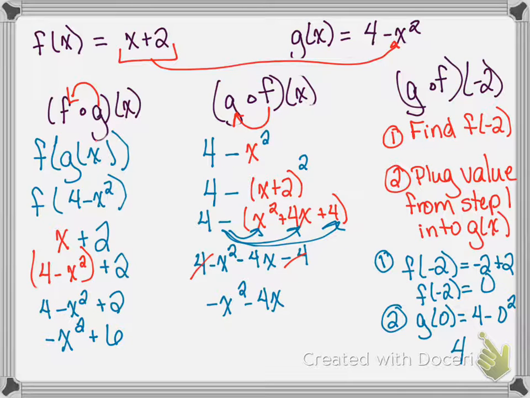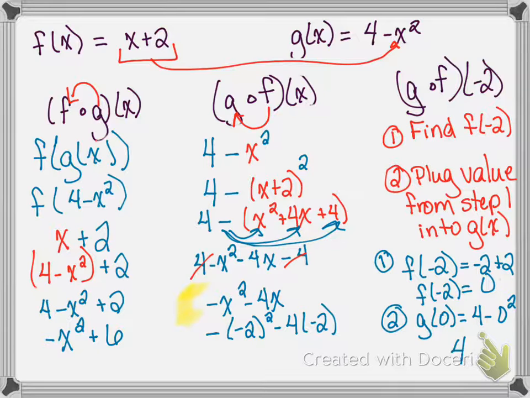Is this right here g composed of f of x? Yeah, so I could stick that negative 2 in there if I wanted to. So I'm going to have negative 2 squared minus 4 times negative 2. So we got a whole bunch of negative signs. Order of operations says I have to do what first? I've got to do that exponent first.